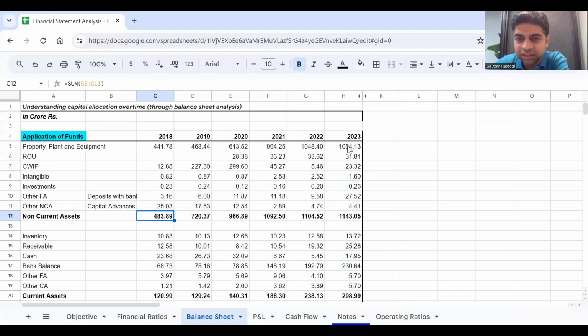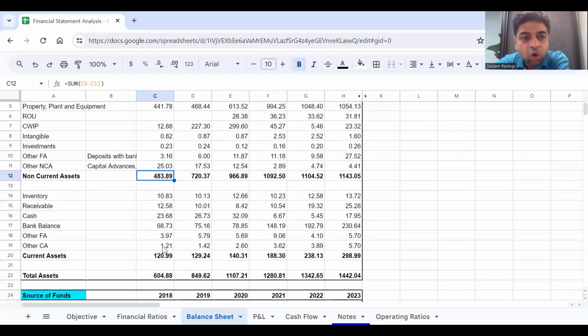Most of it, I think, is due to the medical college that they built back in 2019. It wasn't built completely in 2019; they started work on it in 2019, and it came into operation in 2020. As I said, right now it's in its fourth year of operation. So the key highlight is that they have been adding capacity.